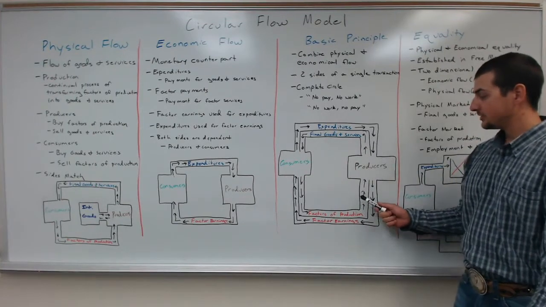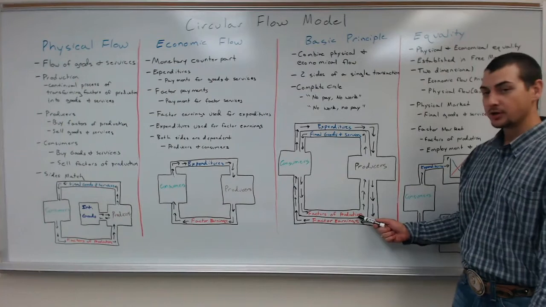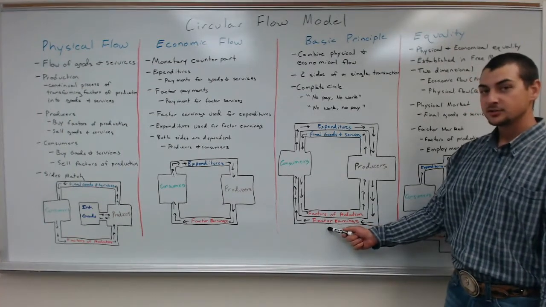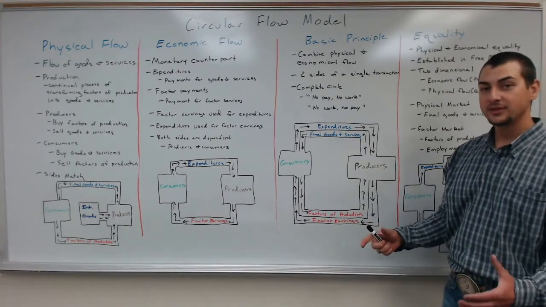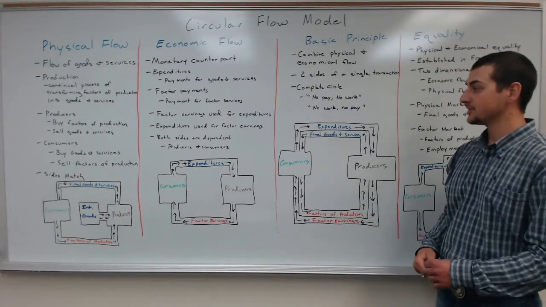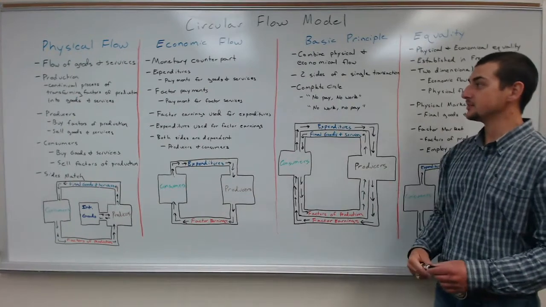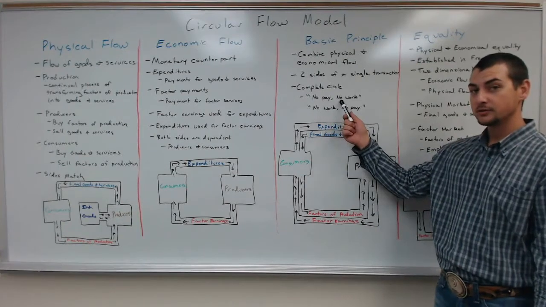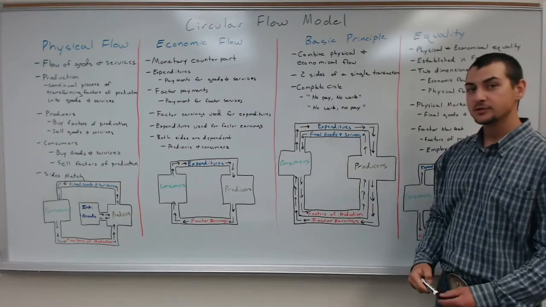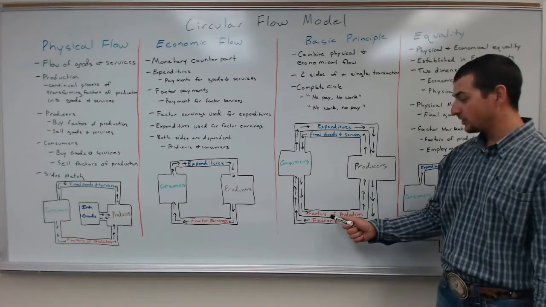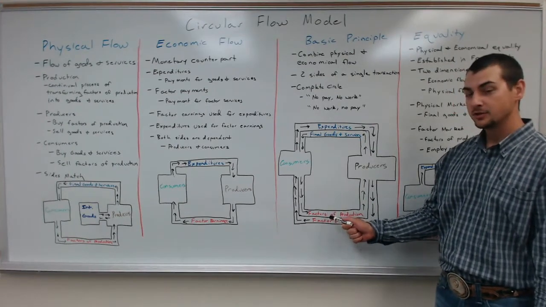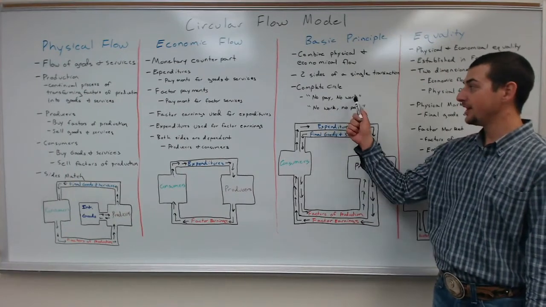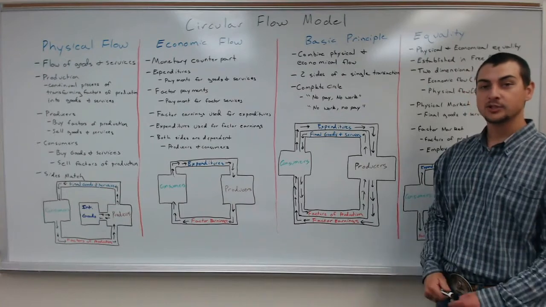Down here, we see that producers receive factors of production only if they are willing to pay factor earnings. So now we're seeing that for one thing to happen, another must happen. So we create this complete circle where we say, well, if there's no pay, there's no work. So for consumers, if they were to sit back and say, we are only going to provide our factors of production if we receive factor earnings, so no pay, no work. Well, what's the common response to that?